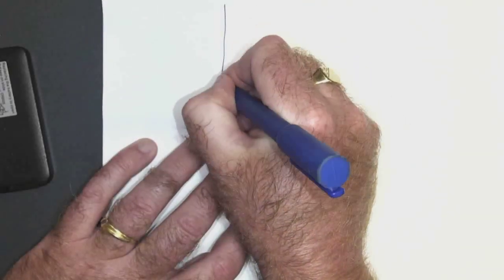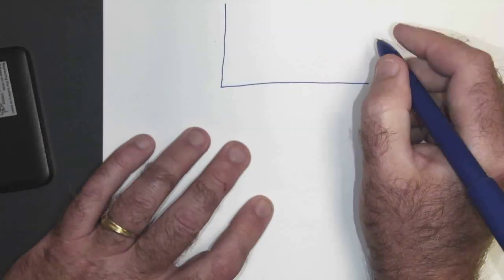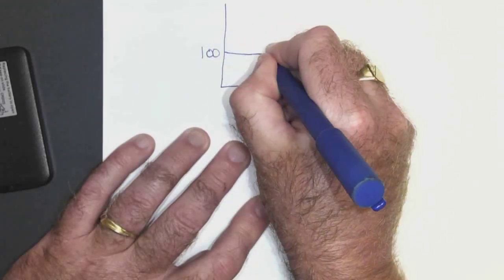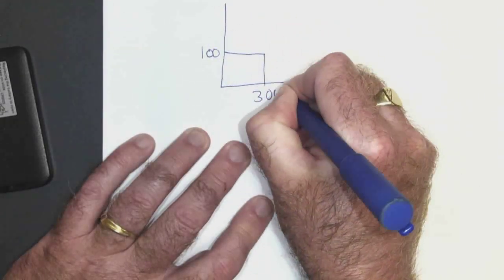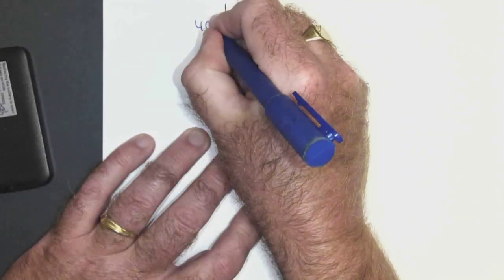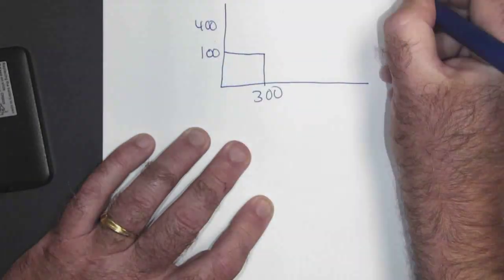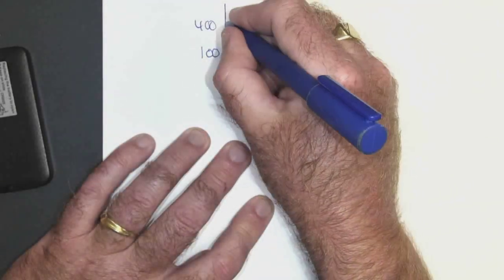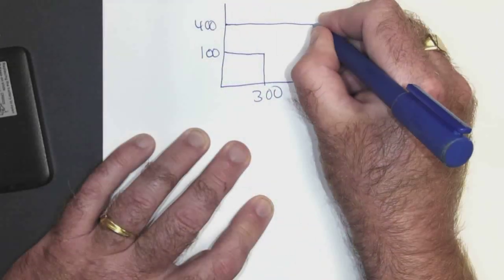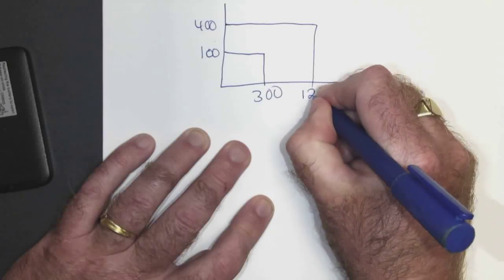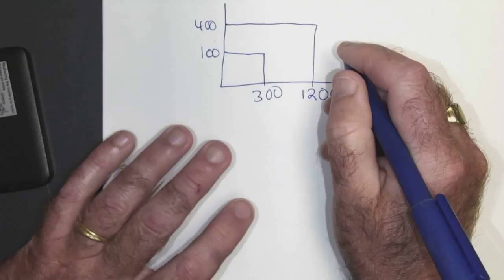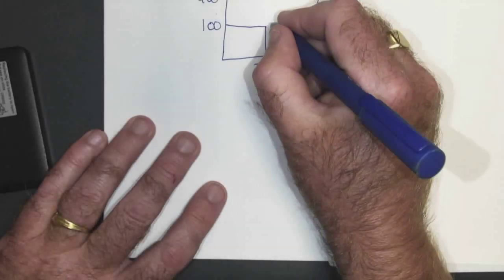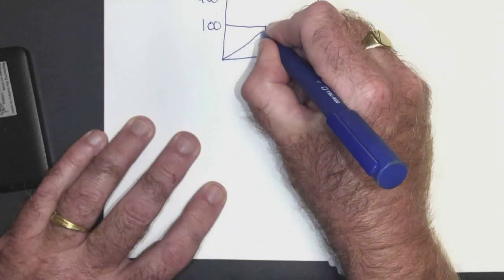If we were to graph it, we have 100, 300, and we have 400, 1,200. It should be 1,200, not 12,000. I think your accountant or your bank wouldn't be too happy if they gave you the wrong number. You wouldn't complain, right? We want to find the slope between these points.